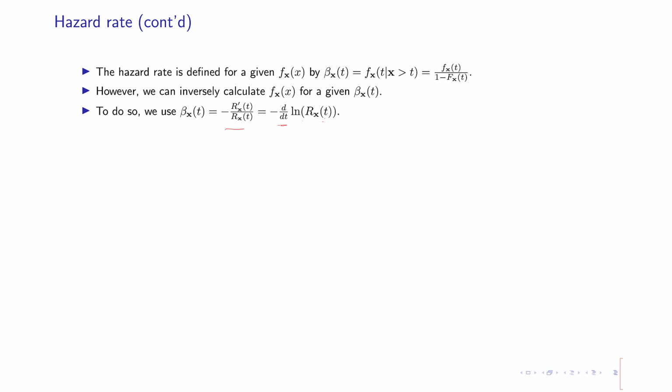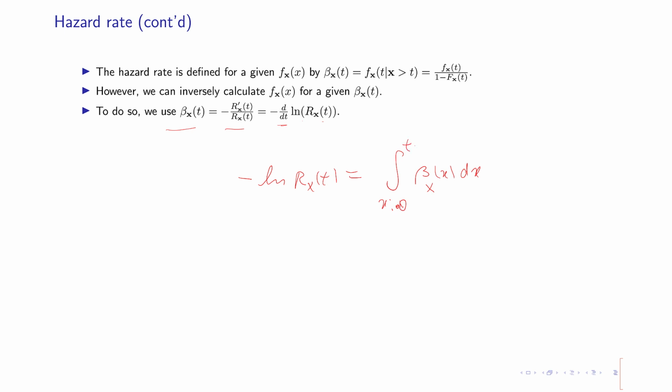So if this is given, I could say that minus ln of R_X(t) is equal to the integral of the hazard rate of x dx, where x varies from 0 to time t.